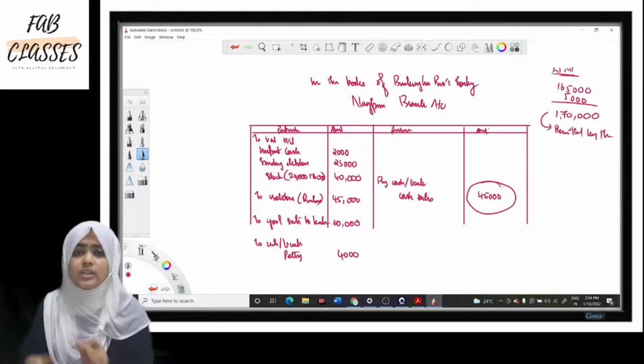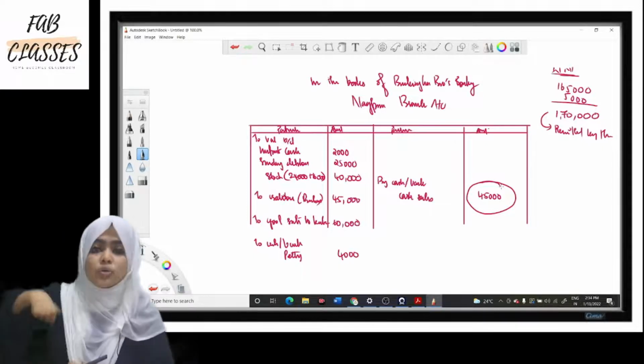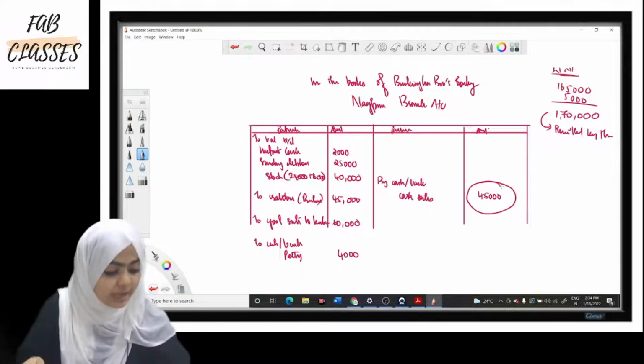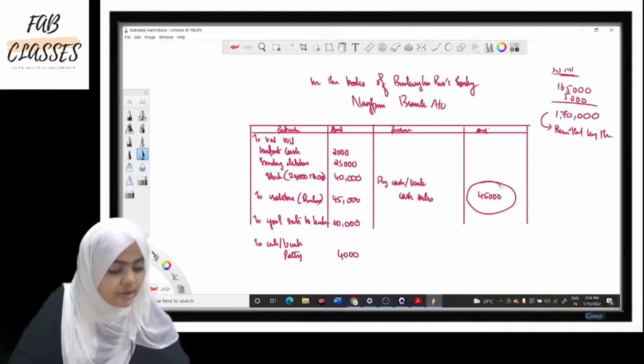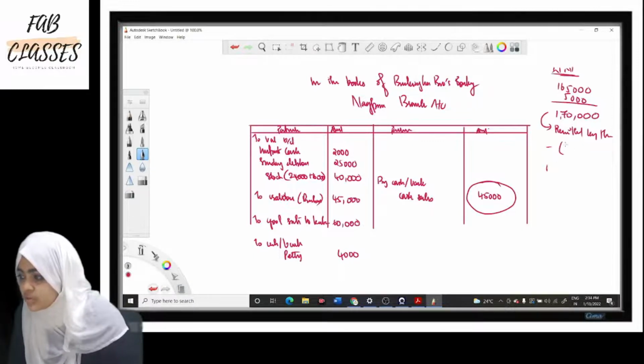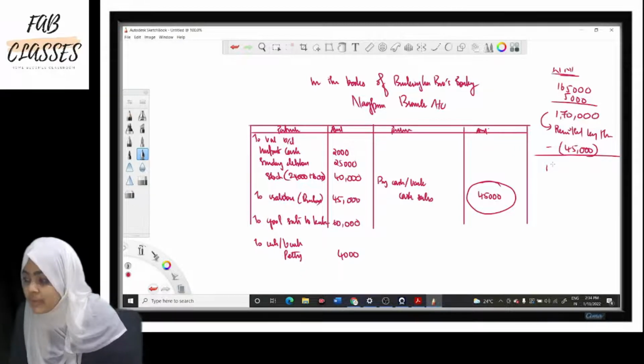So 1,70,000 total money the branch gave. Out of these, 45,000 is of cash sales. That means the remaining 1,25,000 is the collection from debtors.